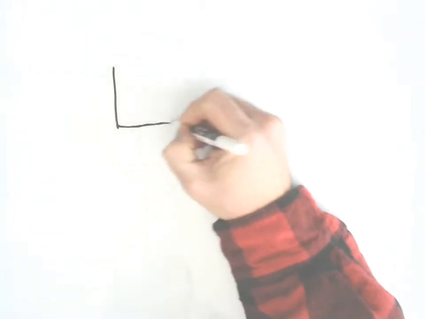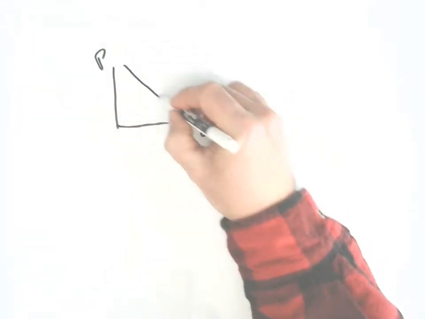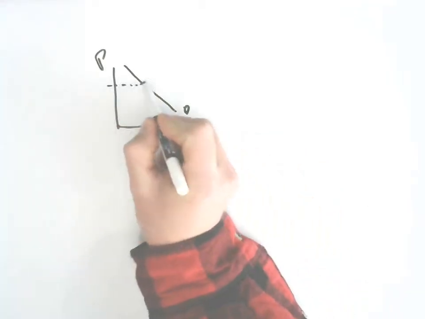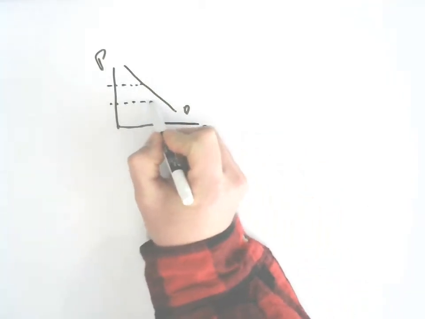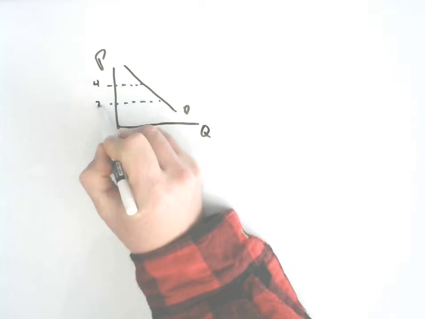So assume I have a demand curve, and all I have on this curve are two corresponding prices and quantities demanded. Let's say I have a price of 4 and a price of 2.